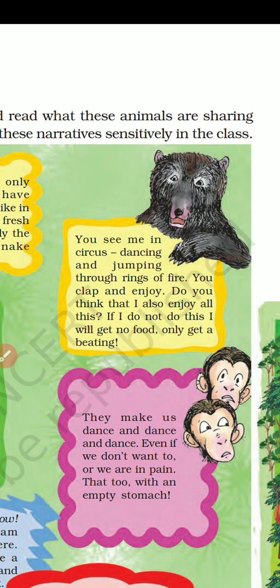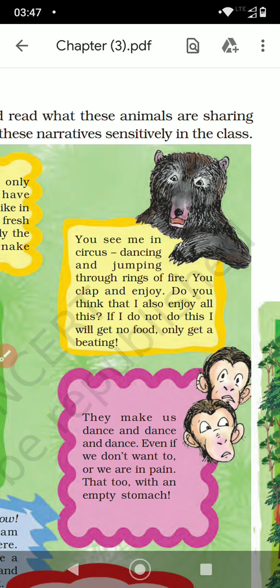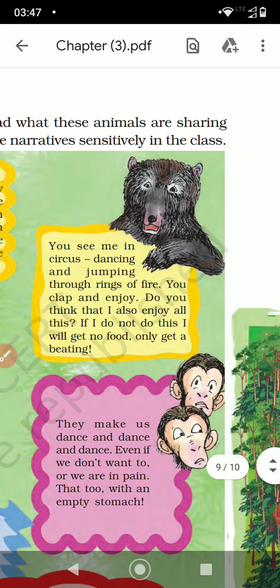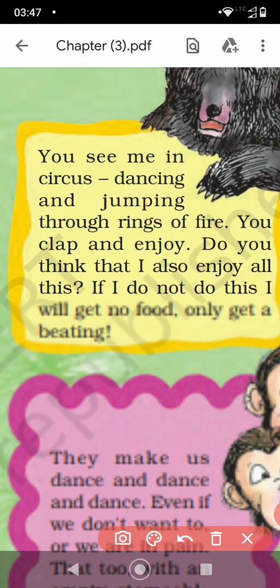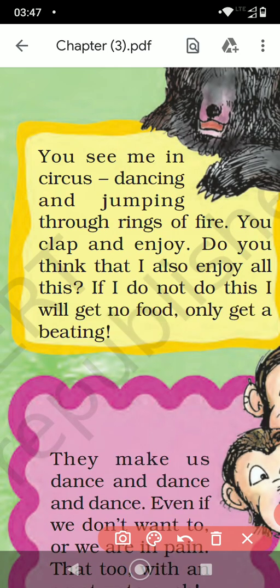You see me in the circus dancing and jumping. Through rings of fire, you clap and enjoy. Do you think that I also enjoy all this?